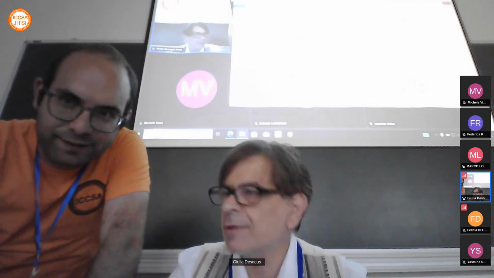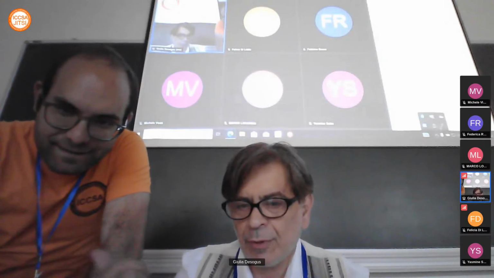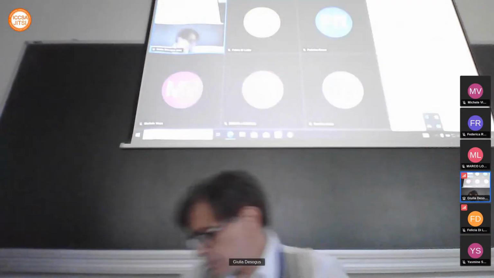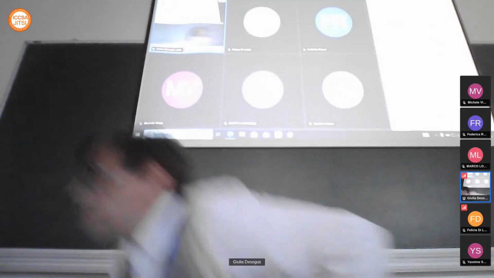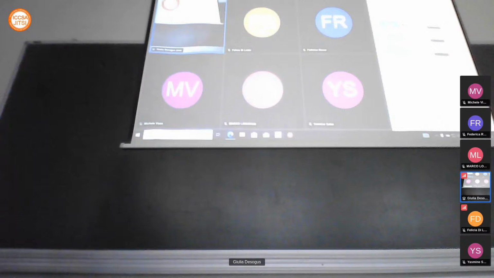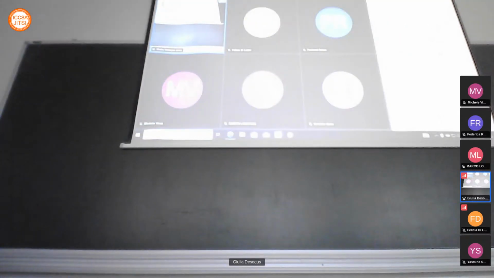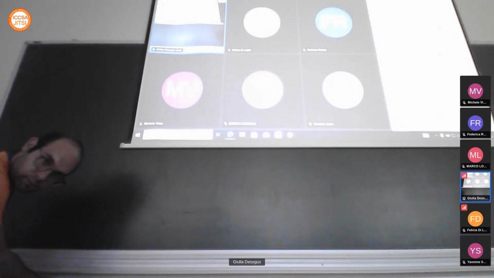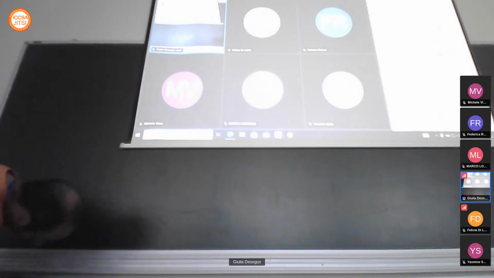Okay, perfect, I can try with my computer. Sorry, but just because of Murphy's law, my USB is empty because it was switched off because the battery was very low.